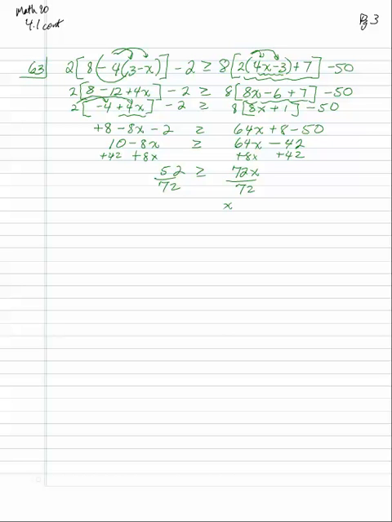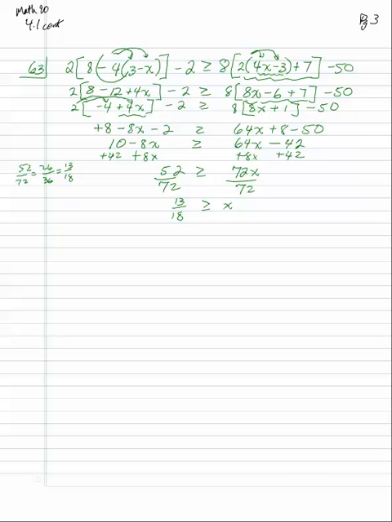So x, now if I'm reading from the x, I know that's a greater than or equal to symbol, but reading from the x, x is less than or equal to, and I just got to reduce that fraction. So let's see, divide by 2, that'd be 26 over 36. Divide by 2 again, 13 over 18.